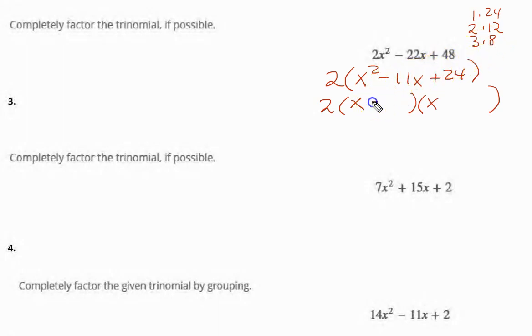So if they're both negative, I would get a positive for my third term here. And when I FOILed, I got the inners and outers add up to a -11. So this is it.